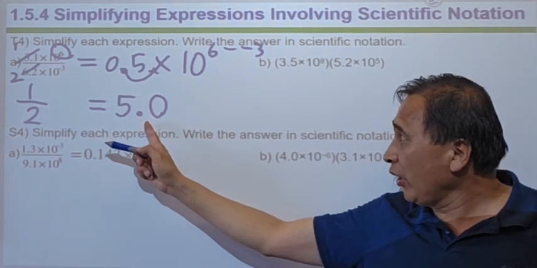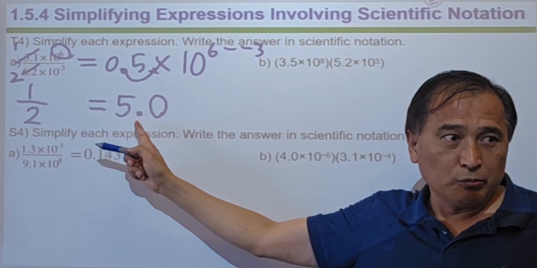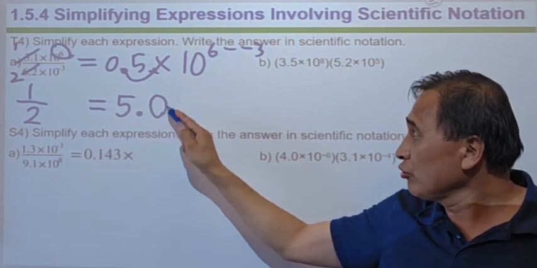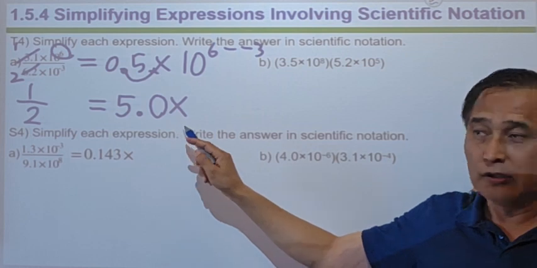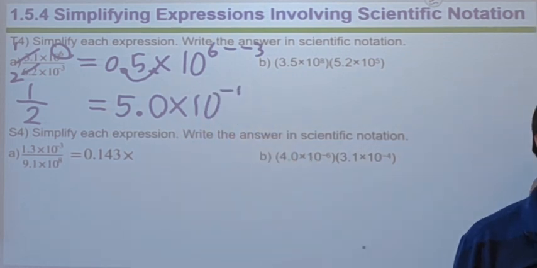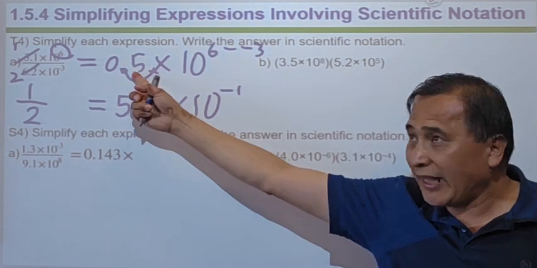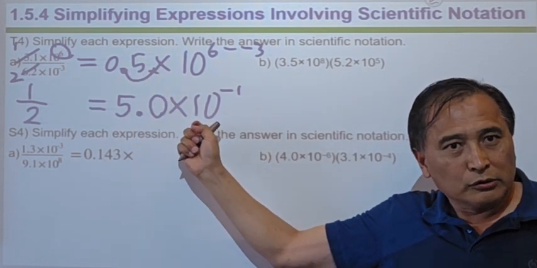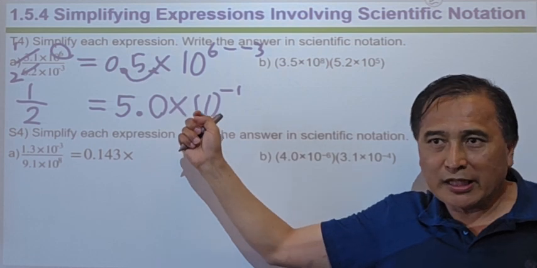Then is this bigger or smaller? It became bigger, right? To make it the same, you need to take off, right? So make it smaller by multiplying by a negative power. Multiplying by a positive power becomes bigger. Multiplying by a negative power becomes smaller. So this is bigger than that, right? To make it equal, we need to make it smaller, by multiplying by 10 to the negative 1 power.